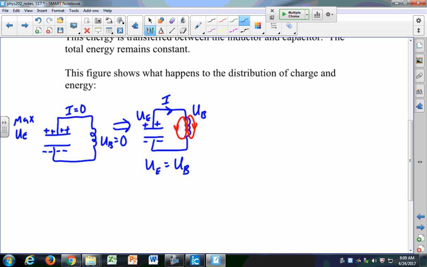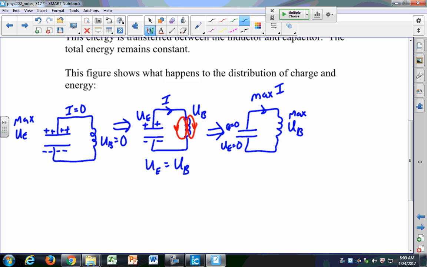All right, then I can get a point where I have no charge on the capacitor. So I have Q equals 0. That means that UE will equal 0. It'll be at its lowest amount. I'll have a maximum current. And then over here, I have maximum UB.